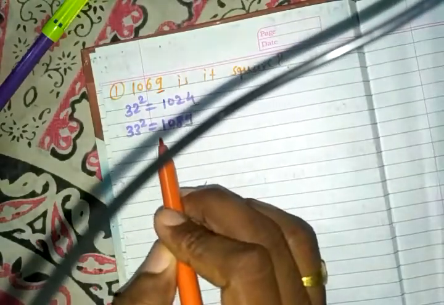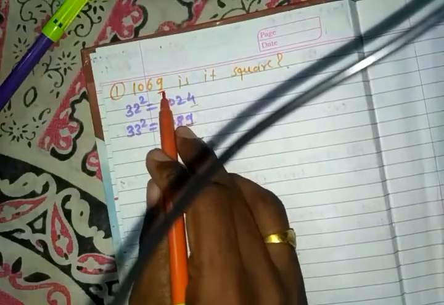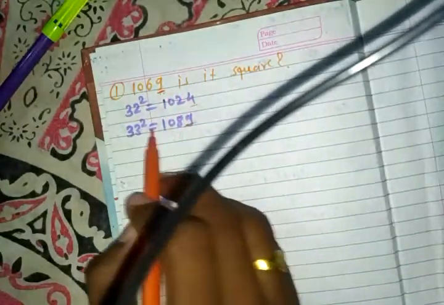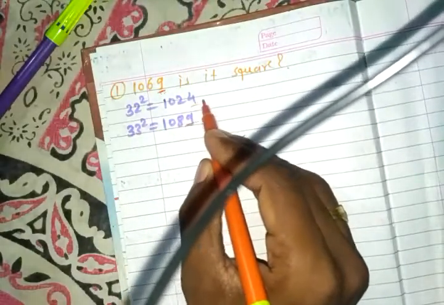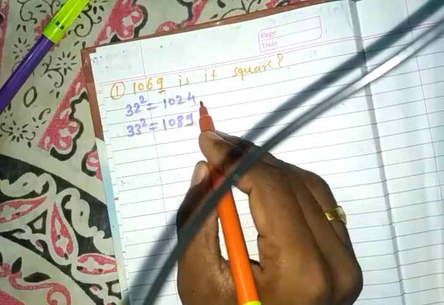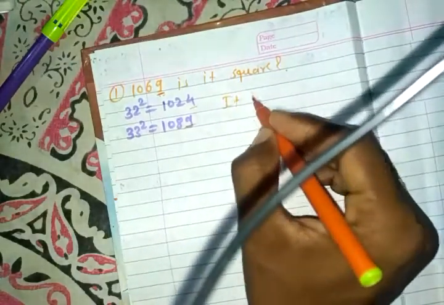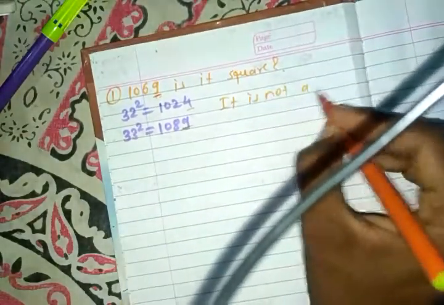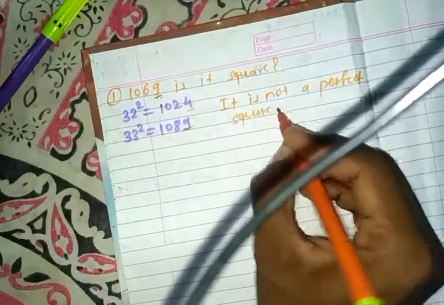That we have to conclude here. It has the last digit 9, but it is not a perfect square because it is not in the list of perfect squares. So in between 1024 and 1089 there is no perfect square, and because of that it is not a perfect square.